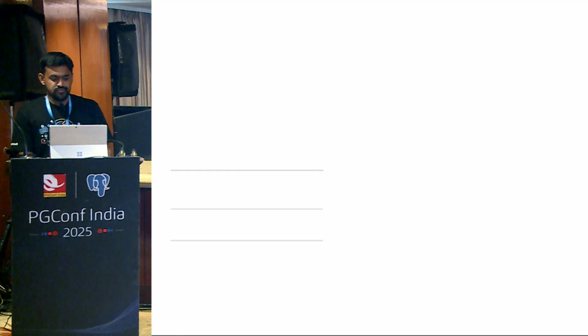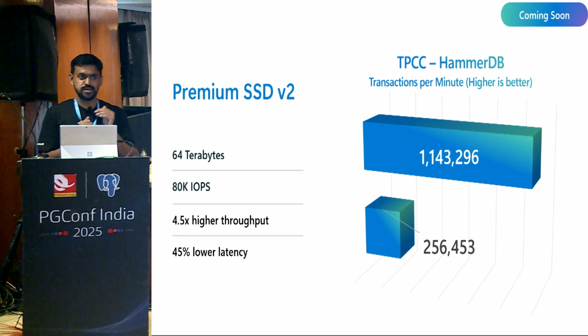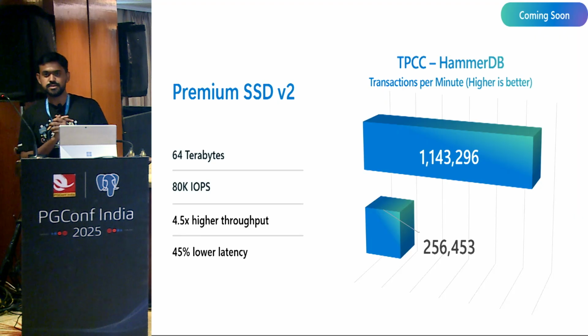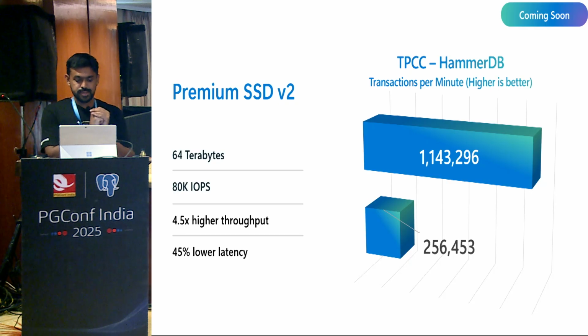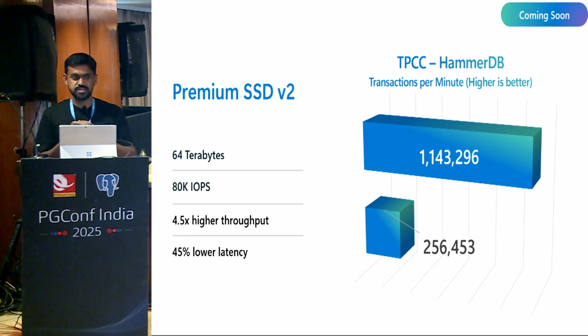We got a lot of feedback from our customers regarding IOPS throttling being the bottleneck. Now we are trying to address this limitation by introducing one of the best infrastructure offerings in Azure, called Premium SSD v2 disks. If you compare the performance of SSD v2 versus v1, it's night and day.